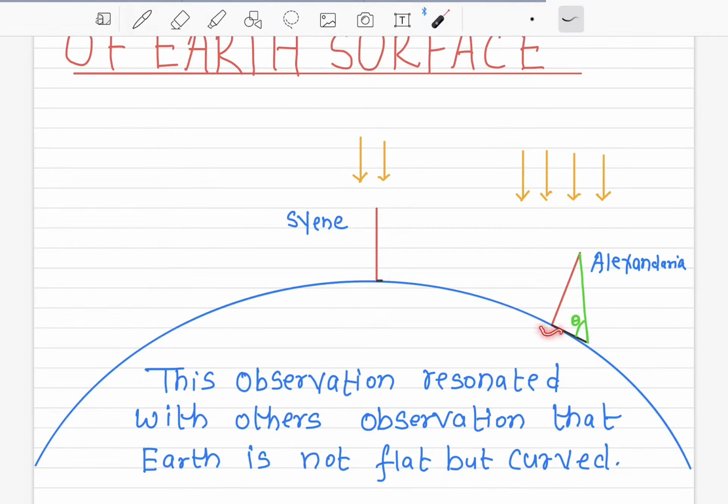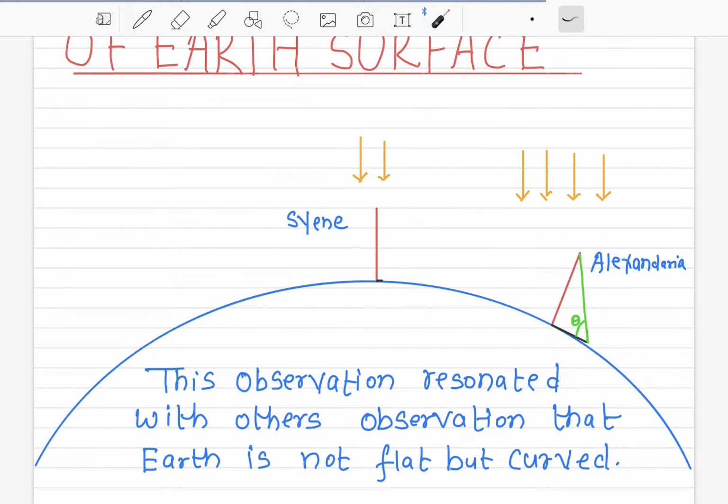But at this point in Alexandria, these light rays are not coming directly overhead but rather at an angle. So you would observe this angle here. Now this observation completely resonated with the other observation that earth is not flat but curved.